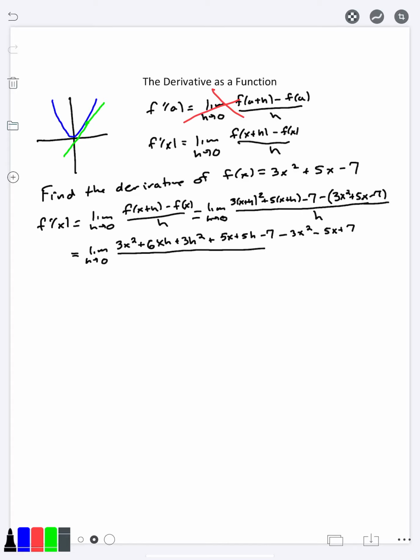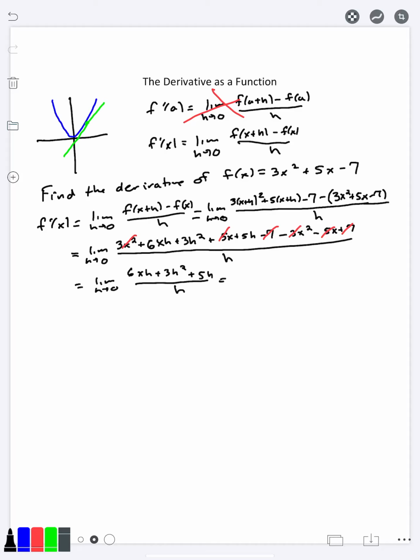As a general rule, you're going to have some things cancel. The 3x squared cancels 3x squared, 5x minus 5x, and minus 7 plus 7, those all cancel out. What I will then have left is 6xh plus 3h squared plus 5h, and that's it, over h.